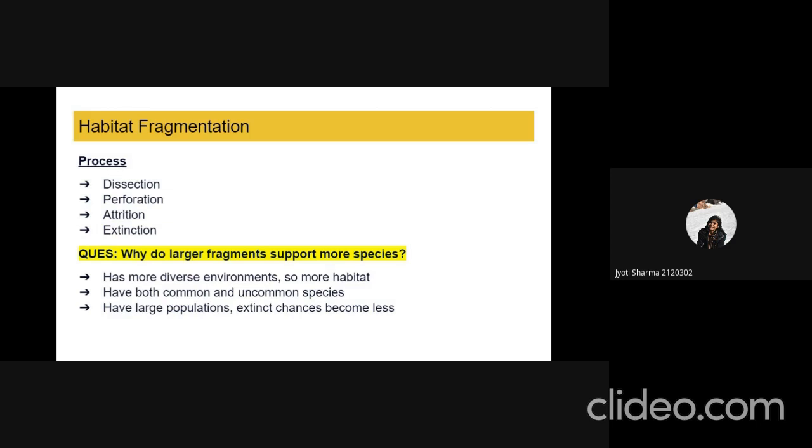And we have the larger population. We talked about the declining population paradigm and the small population dynamics, which says that if we have a larger population, then the chance of extinction becomes less.